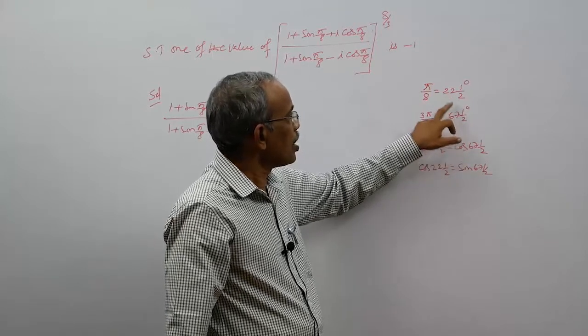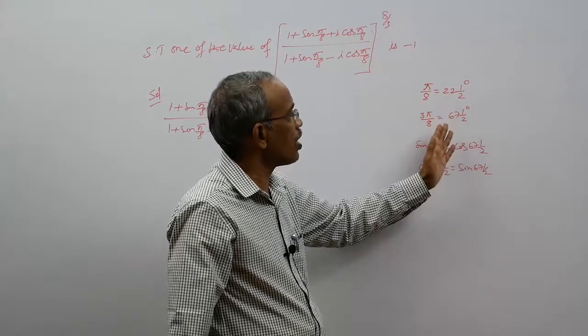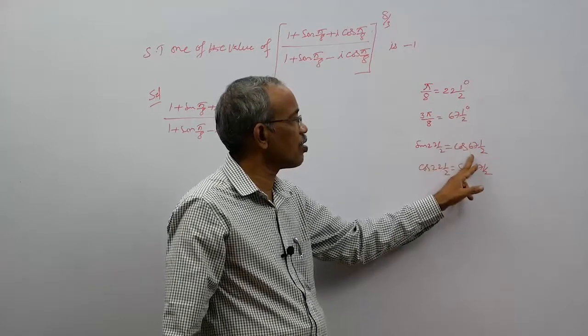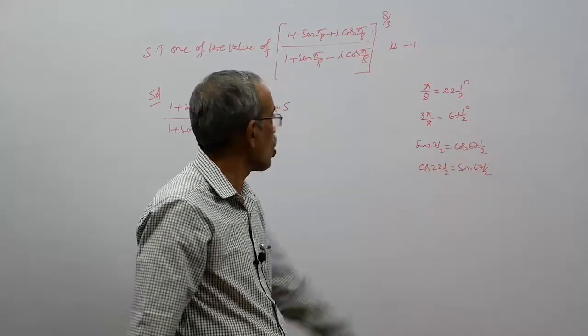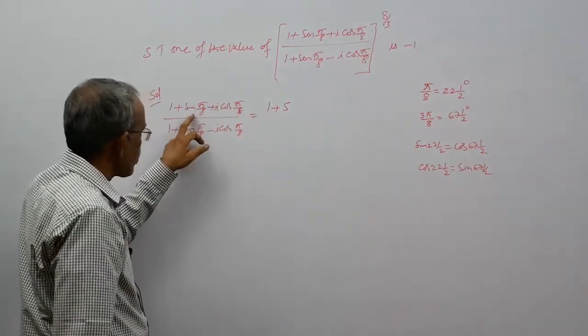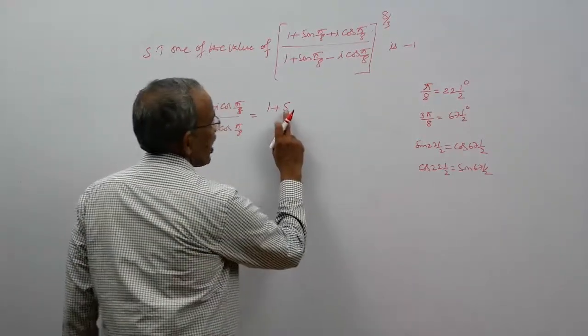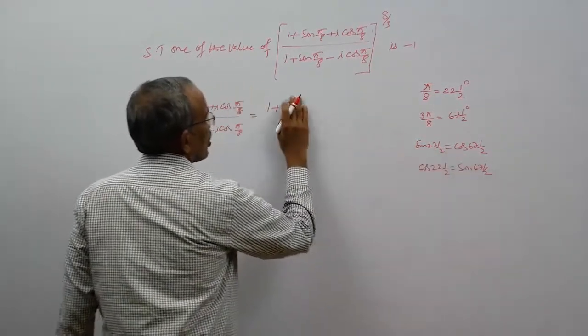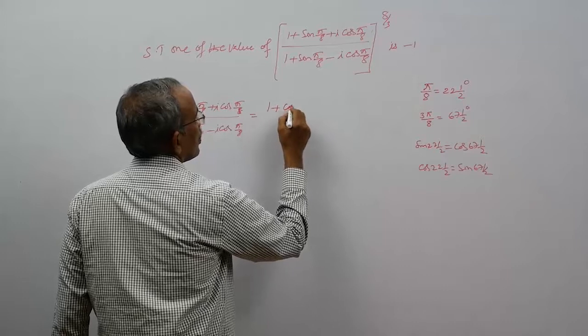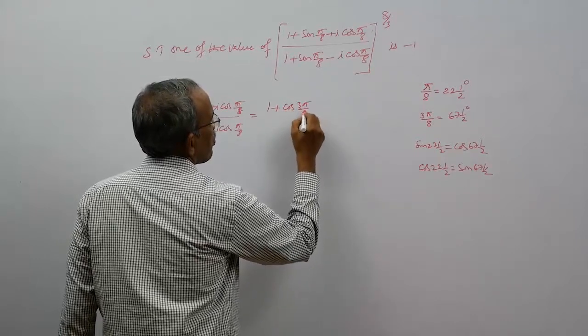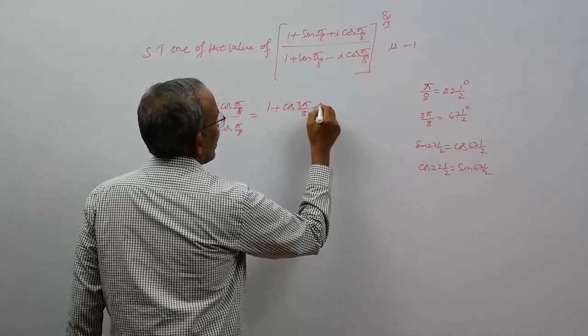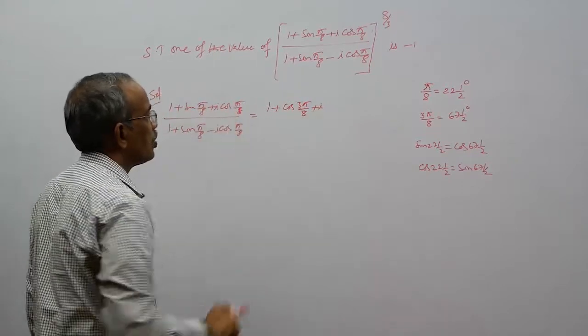So sin 22.5 is equal to sin of 90 minus 67.5, that is equal to cos 67.5. So we write cos 3 pi by 8 in place of sin pi by 8: 1 plus cos 3 pi by 8 plus I into cos pi by 8.